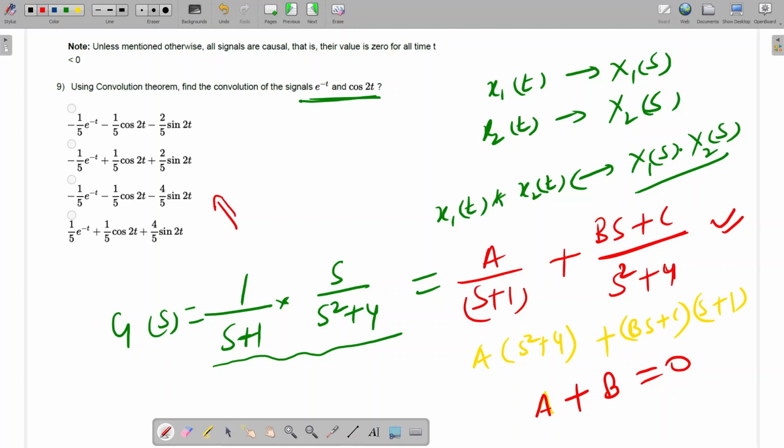The s coefficient is b plus c, which is equal to 1. The constant is 4a plus c, which is equal to 0. Is it correct? Yes. So what should be the a, b and c values from here?